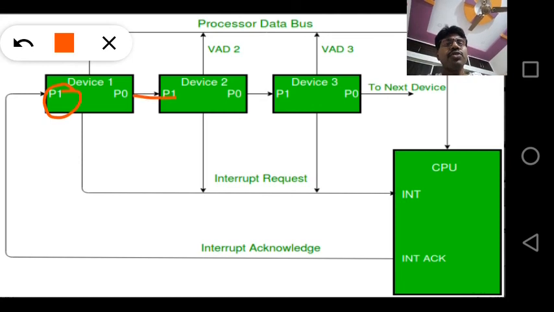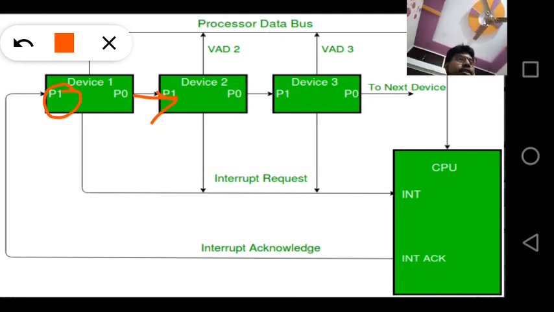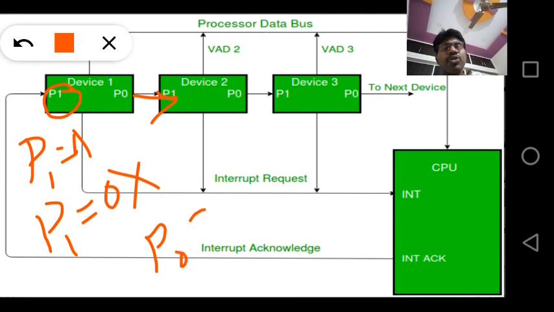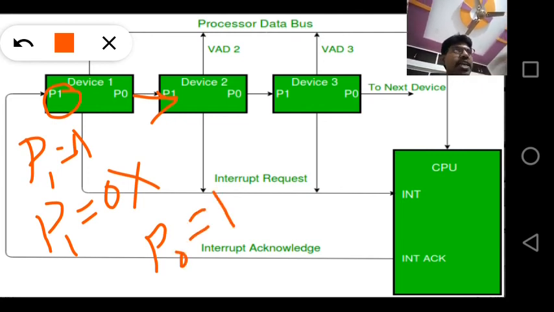If P1 is equal to 1, it means it has an interrupt. P1 is equal to 0 means it has no interrupt. So it can make P0 equal to 1, handing over to the next device.